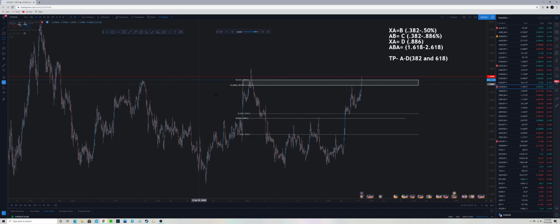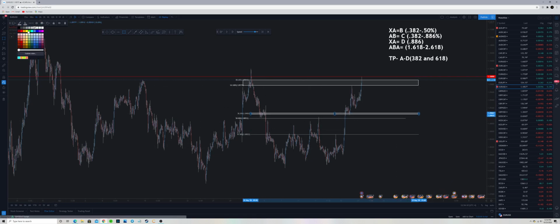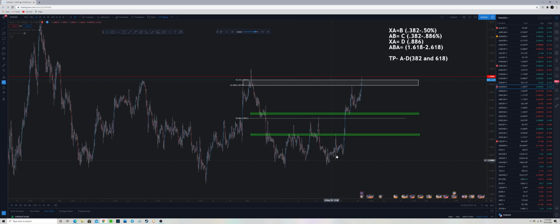And I'm going to draw a box around there so it could be a better visual. Put that in green. This is our take profit areas, take profit levels.